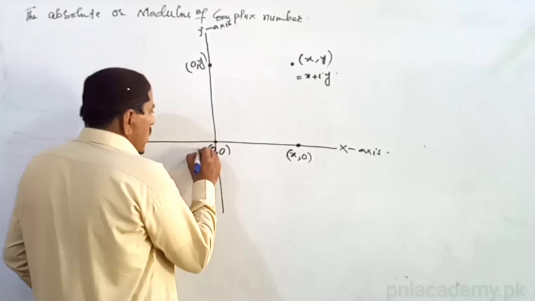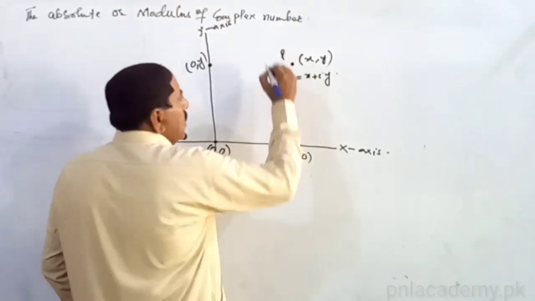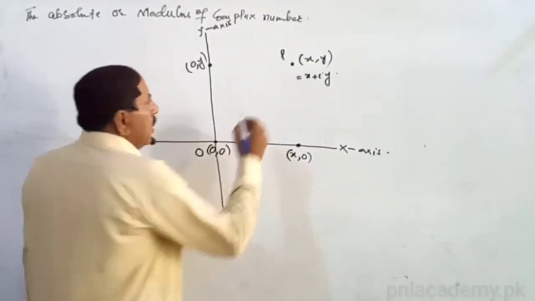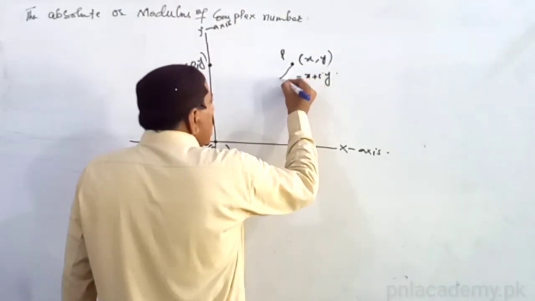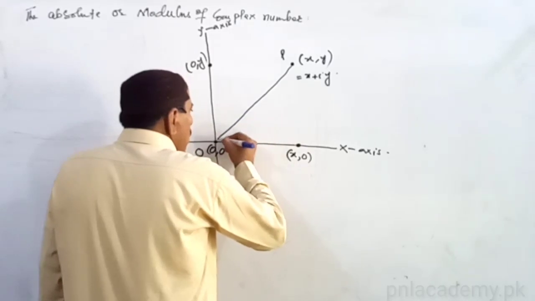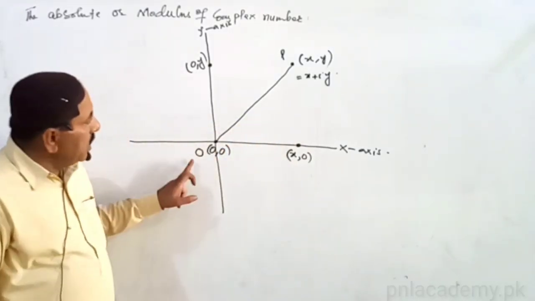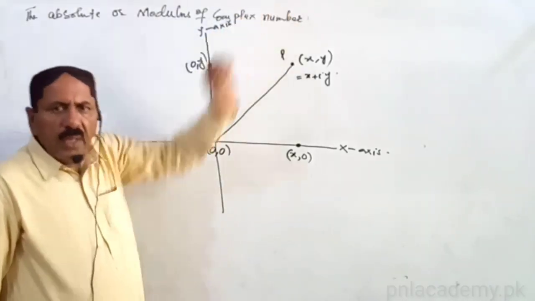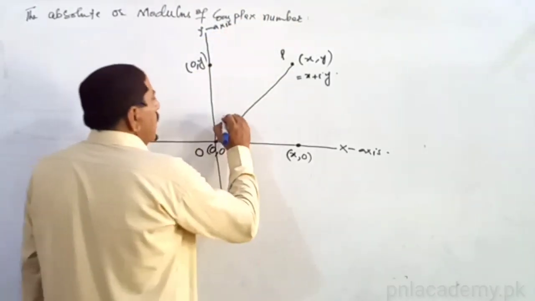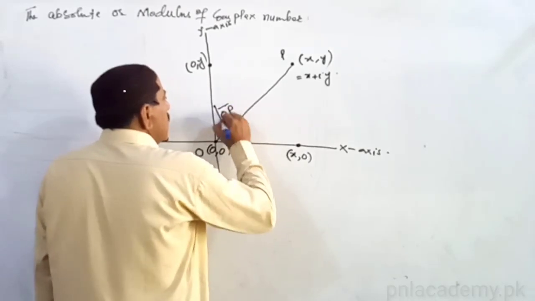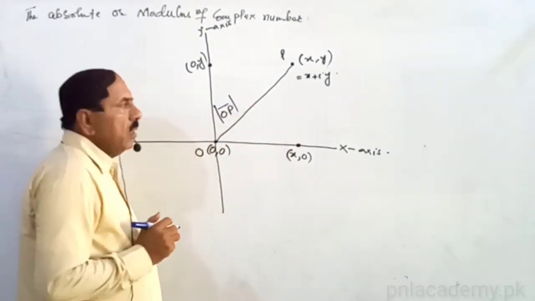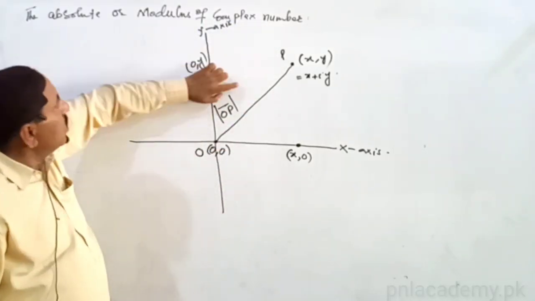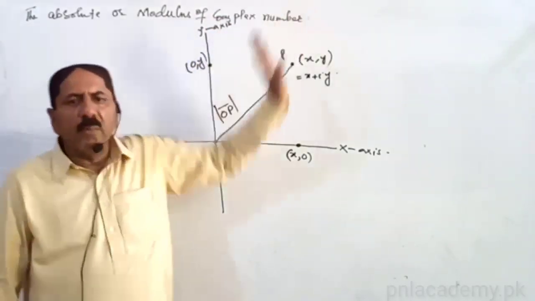So this is the origin. This is a point which is an imaginary point. So this is the distance between the origin and the point P x comma y, which can be the distance between OP. So distance between O and P is also known as the modulus of the complex number.